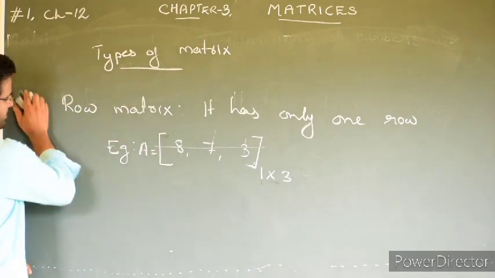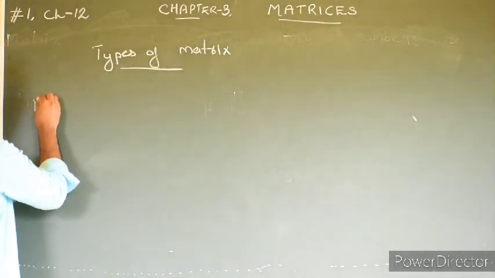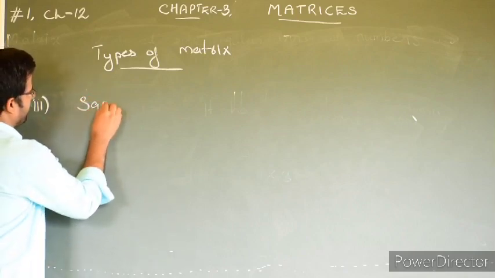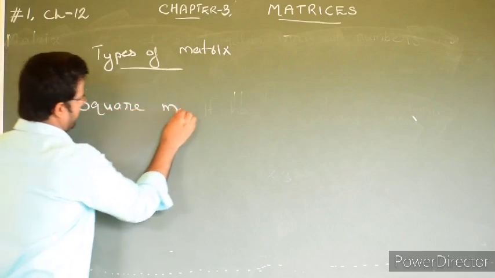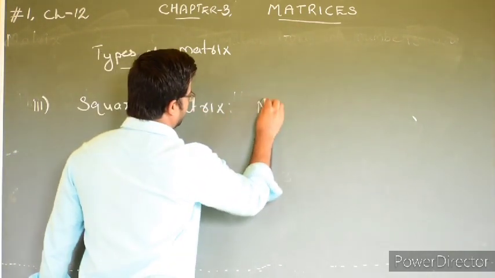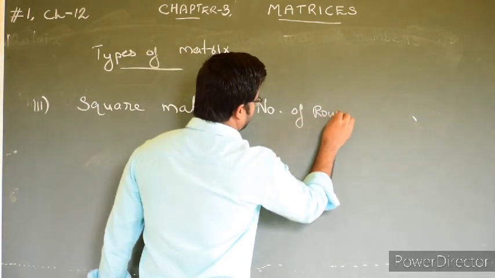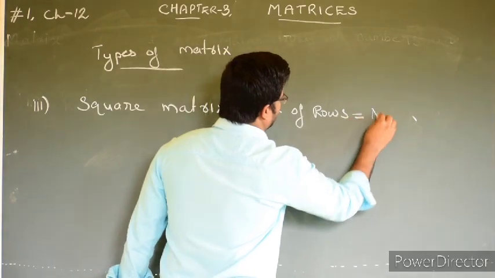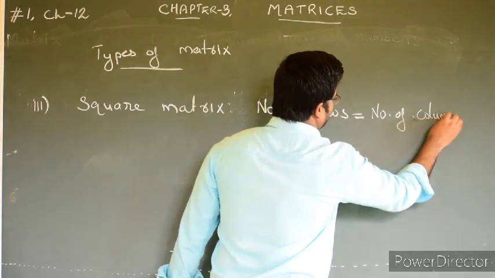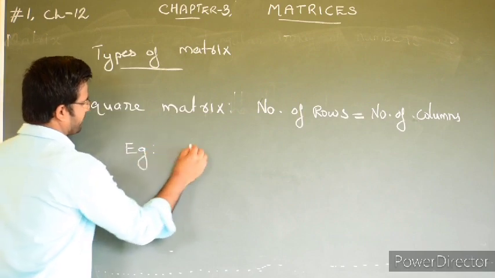Then the third type of matrix is the square matrix. Here, the number of rows is equal to the number of columns. One example we can see.